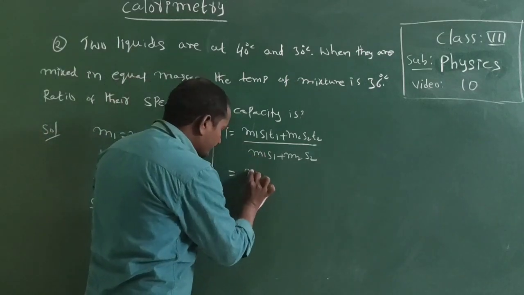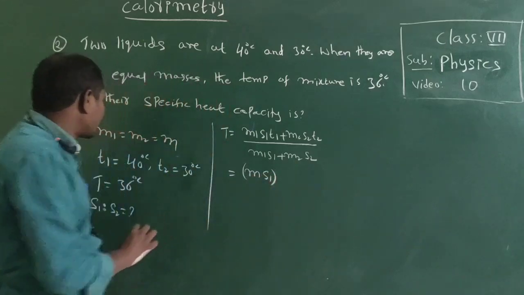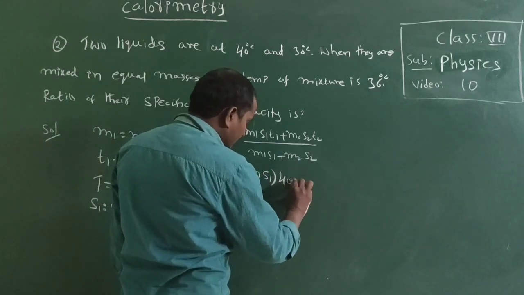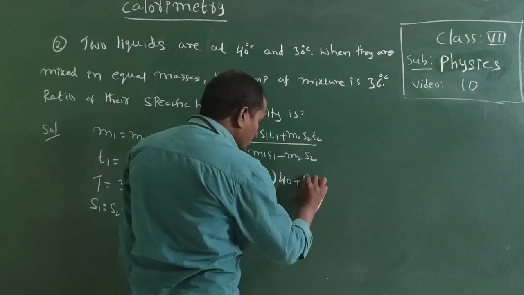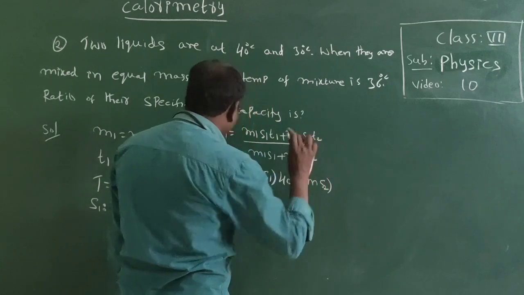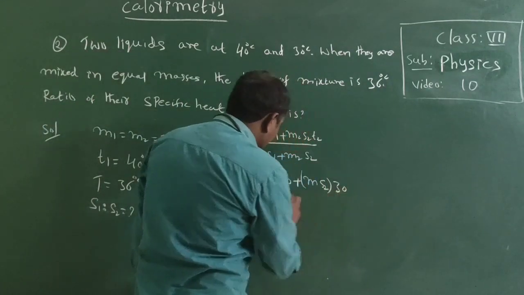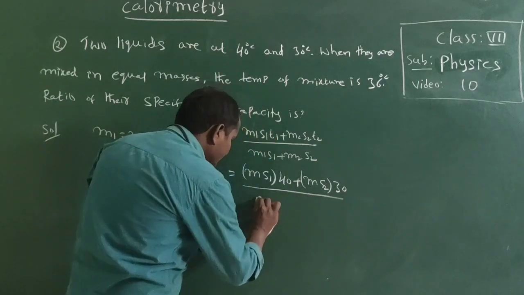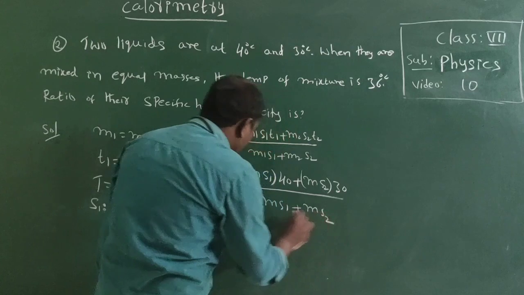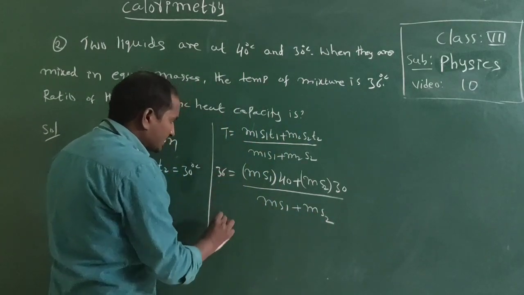M1 equal to M into S1 into the temperature of the first liquid, that is 40 degrees Celsius, plus M2 equal to M, S2 into T2, that is 30 degrees Celsius, by M into S1 plus M into S2, that is T equal to 36 degrees Celsius.